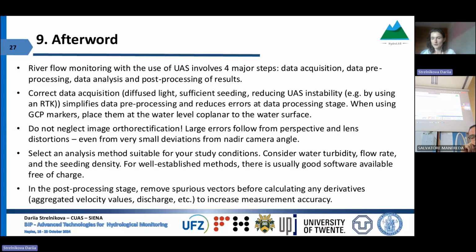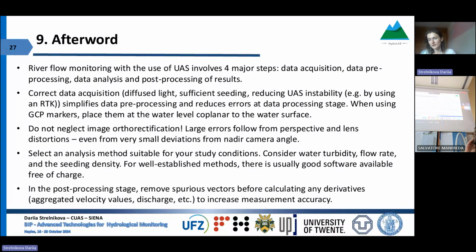If we do not collect the data correctly, very often it will not be usable later. So pay attention to the lighting conditions, to the seeding, and so forth, and then you will produce a data set that can be pre-processed and analyzed. Orthorectification is extremely important, crucial. We need to do it both for the calculation and also for the validation of our results.